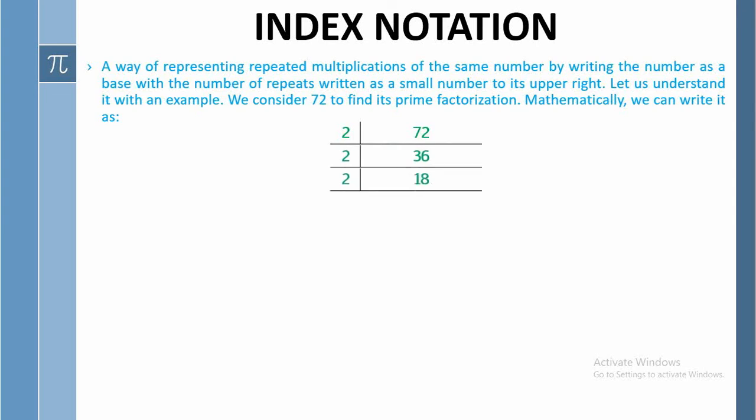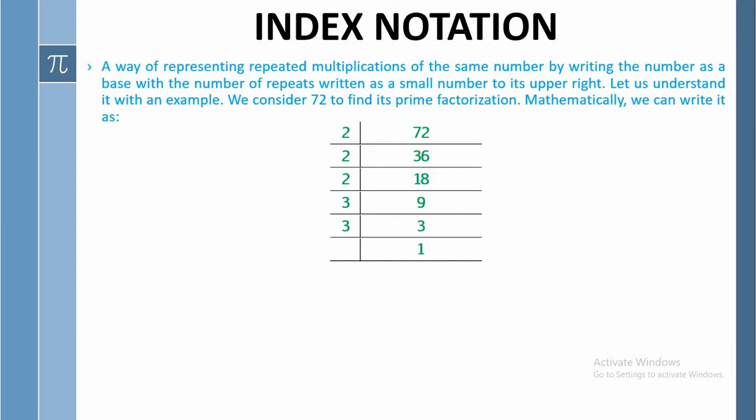So 2 times 18 equals 36. 18 is also an even number, so we can further divide it by 2 and we get 9. 9 is an odd number and it is a multiple of 3, so we can divide it by 3. So 3 times 3 equals 9, and finally 3 times 1 equals 3. So we have the prime factors of 72 as 2 by 2 by 2 by 3 by 3.